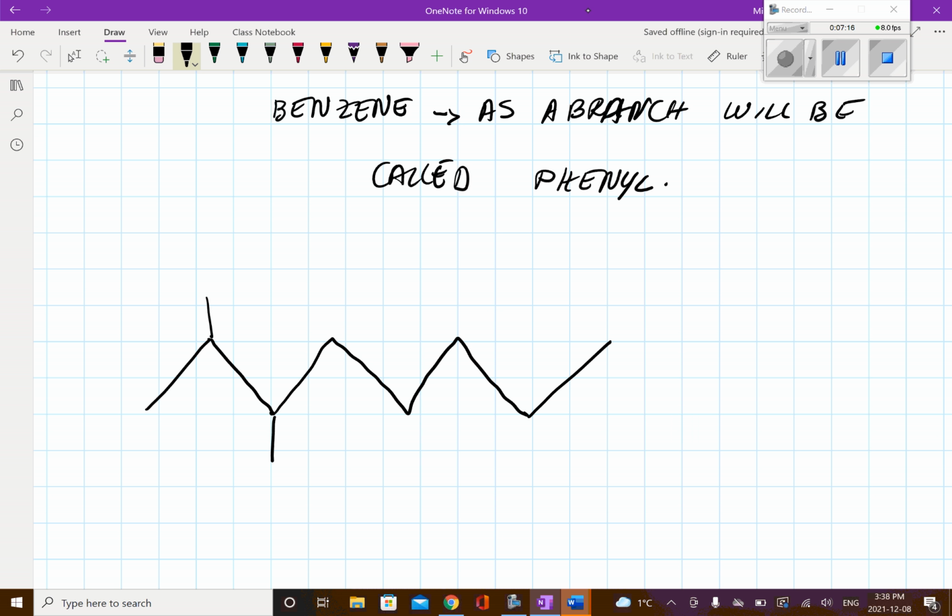Here we have another one, and here we have a benzene ring, and here we have an ethyl.